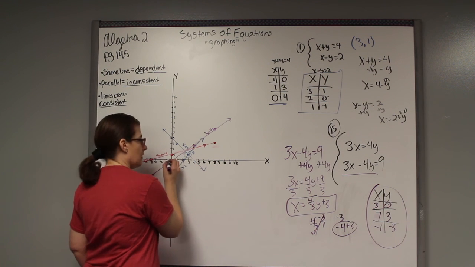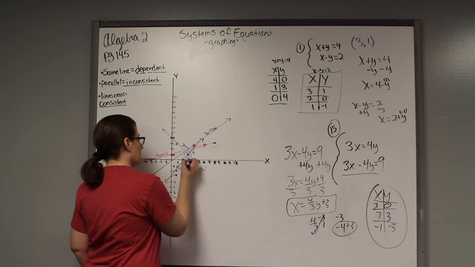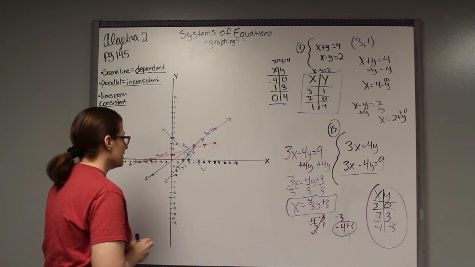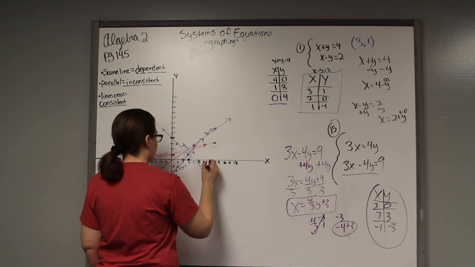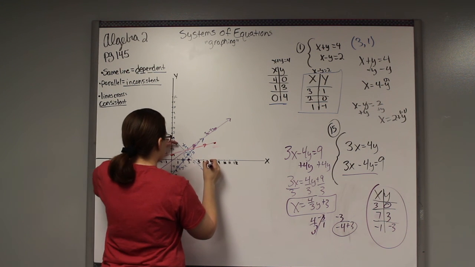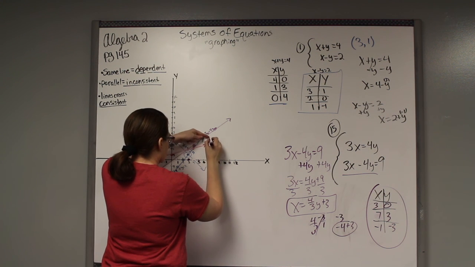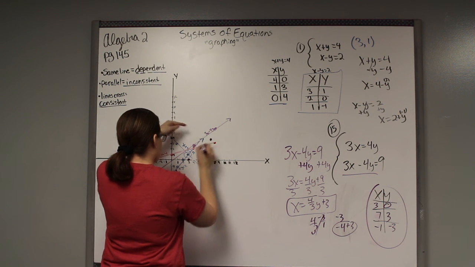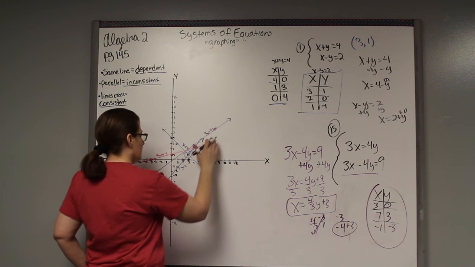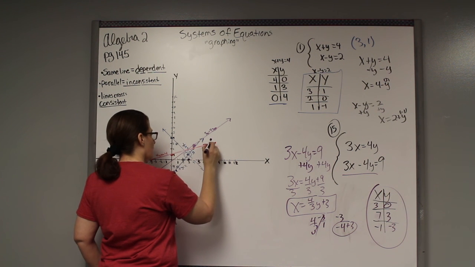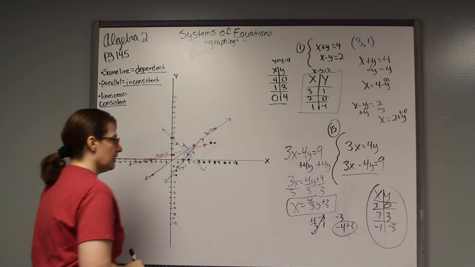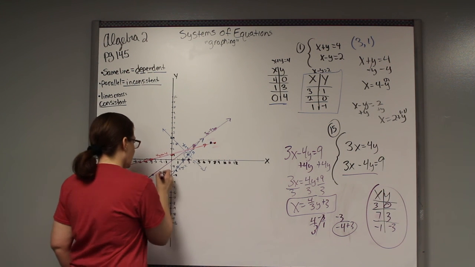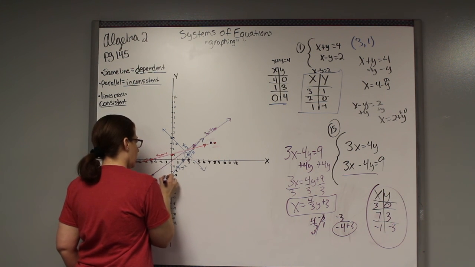So I have 3, 0, which is right here. I have 7, 3, which is somewhere about right here. Actually, it's lower. That red line's in my way. And then I have -1, -3.